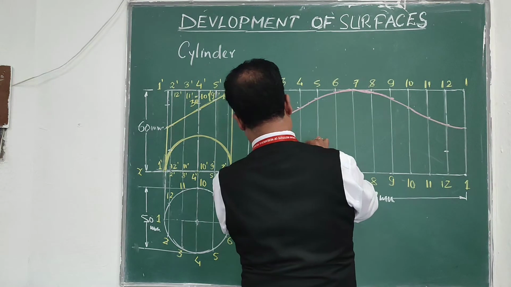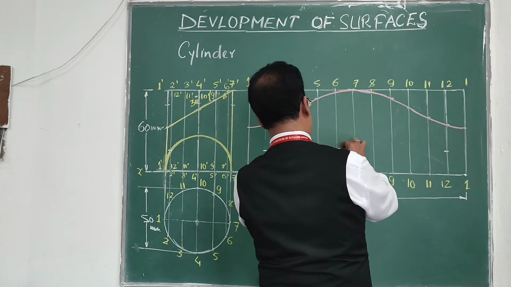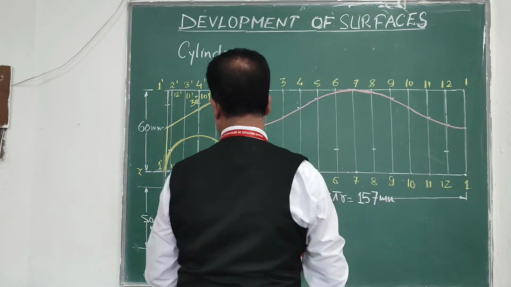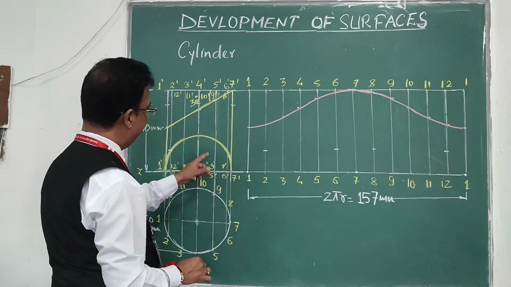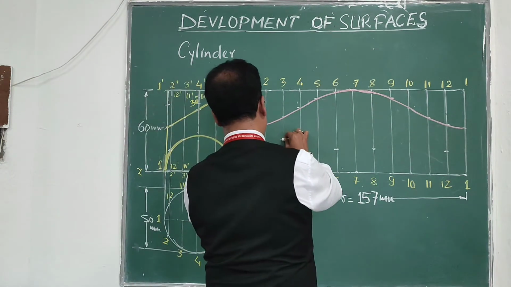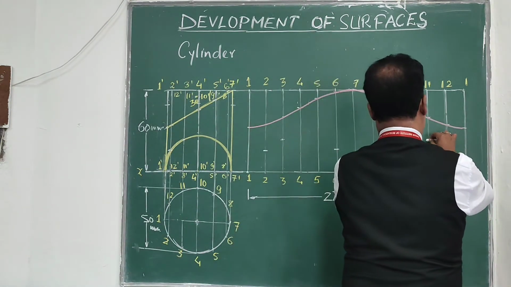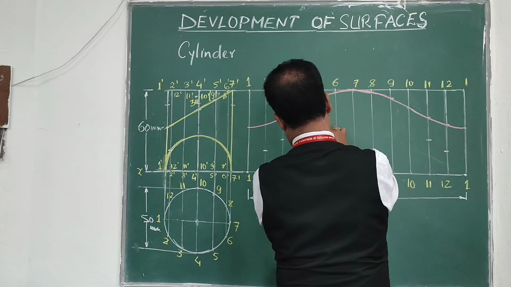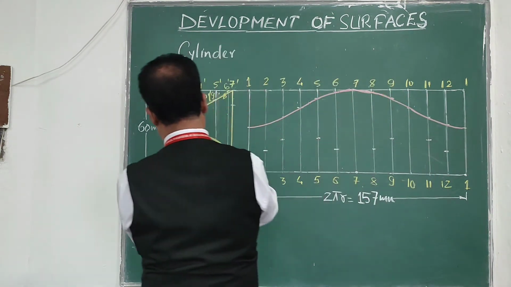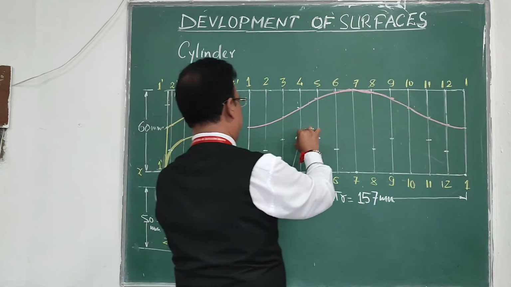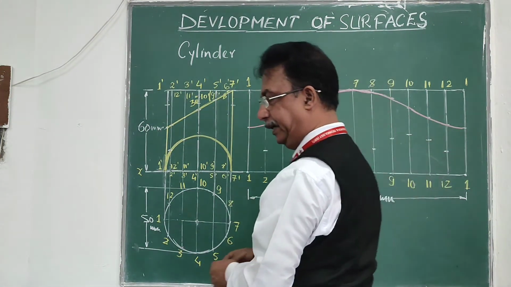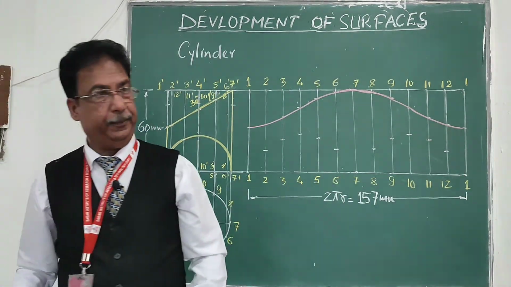The same will be on 6 and 8, so I can mark on 6 and 8. So we got the 4 points. Then next will be on 3 11 and 5 9, same distance. So this is for 3 11 and 5 9. You can easily mark these points, and finally the point will be on 4 and 10. So this way again you will get these 13 points.